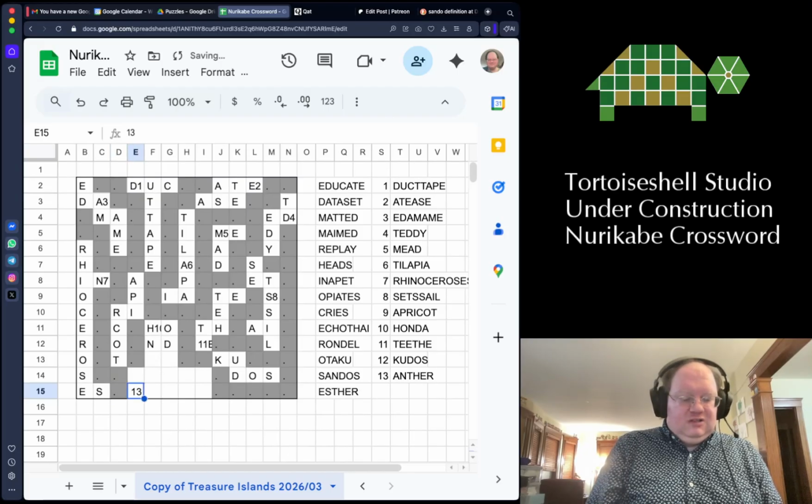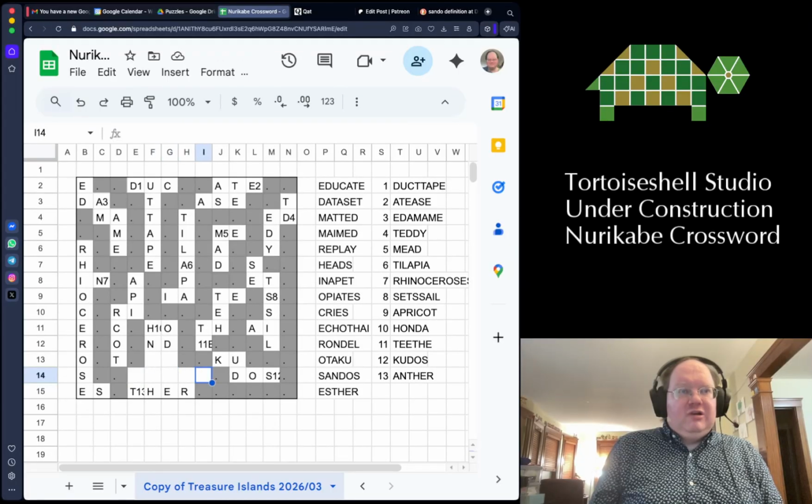Then we have A13 THER. Oops, no. T13 HER dot. This was S12. How did I get 7? T, not 7. All right.